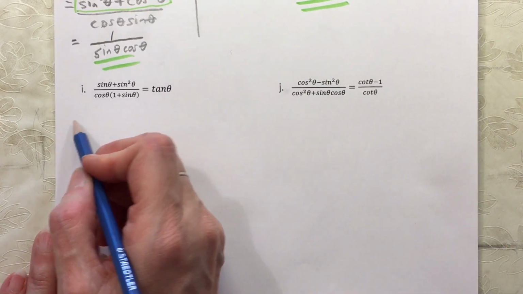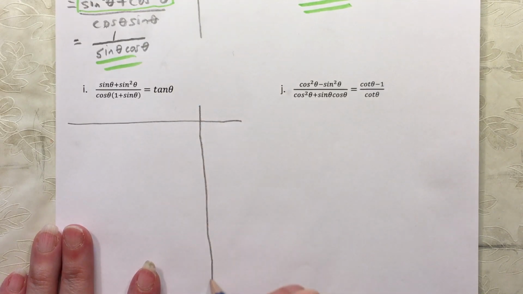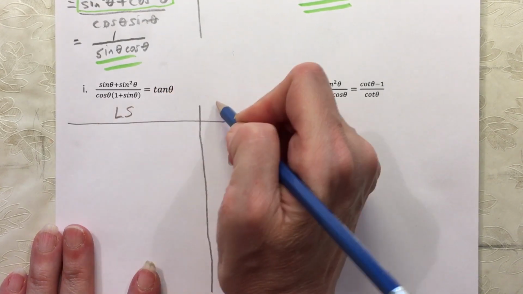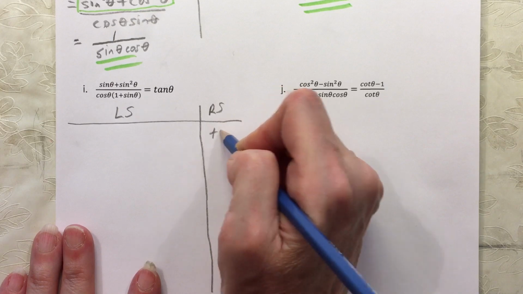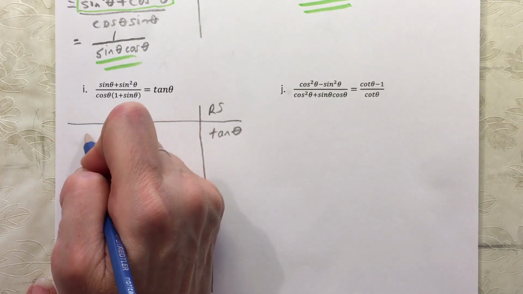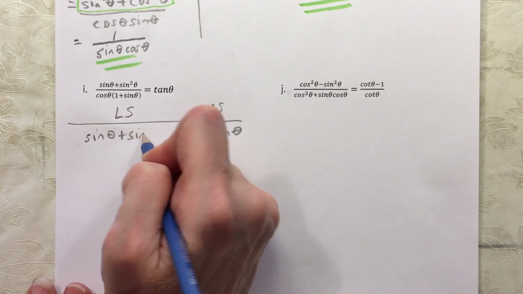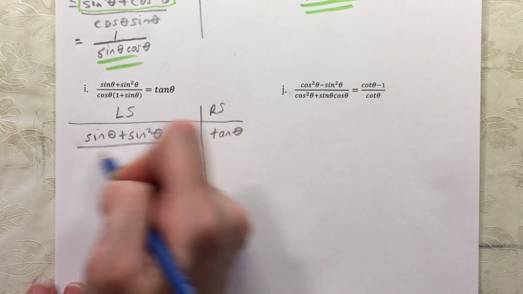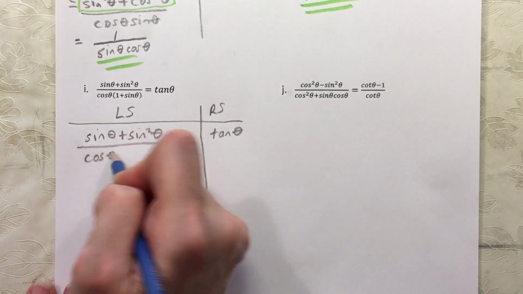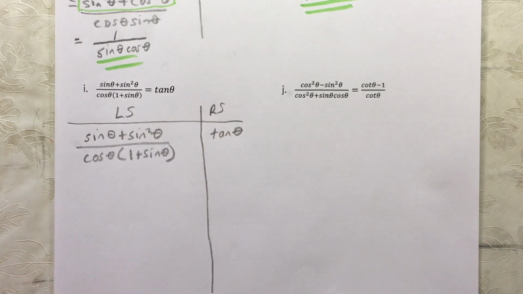Okay, so here the left side is definitely way more complex and it looks very intimidating actually. But there's a little clue in the question, and that is that the denominator of the left side is in factored form, cos theta times 1 plus sine theta.